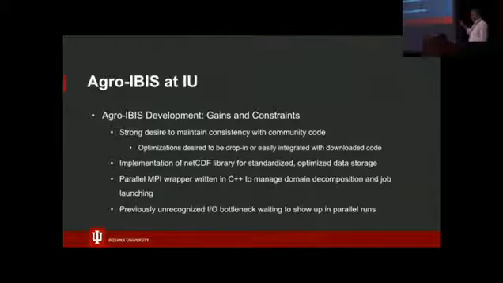So those improvements would be the use of netCDF, which is a standard library. Many of you in the room have probably heard of it or been involved in using it at some point. It's basically a way of packaging up data in a format that allows easy retrieval of variables based on latitude and longitude.